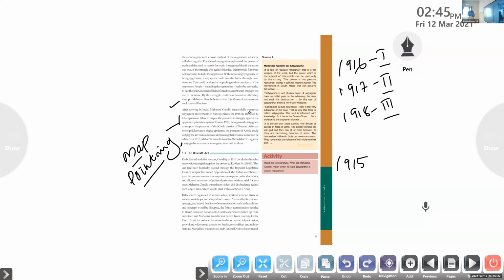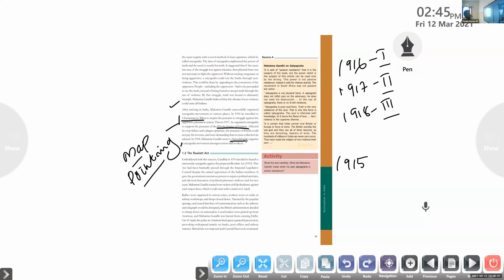So two are completed. One is Champaran in Bihar, the second is Kheda in Gujarat, and the third one is in the year 1918. Mahatma Gandhi went to Ahmedabad, also in Gujarat, to organize a Satyagraha movement among the cotton mill workers. So the cotton mill workers' Satyagraha in 1918 was in Ahmedabad, Gujarat.